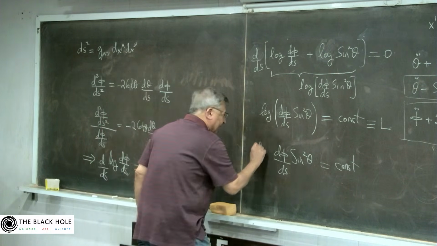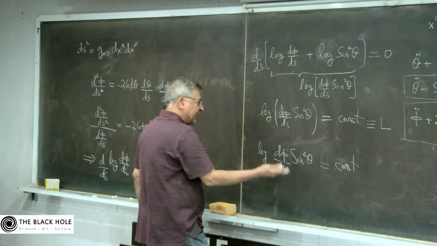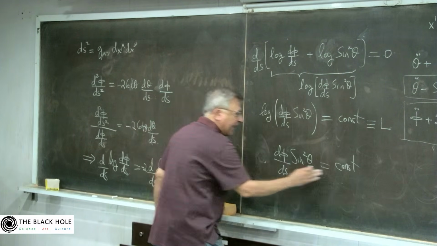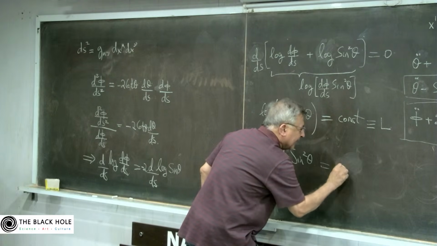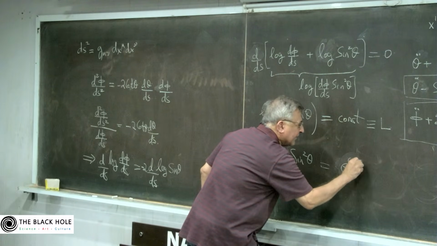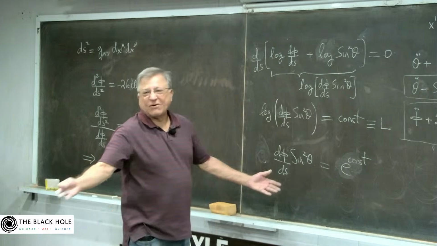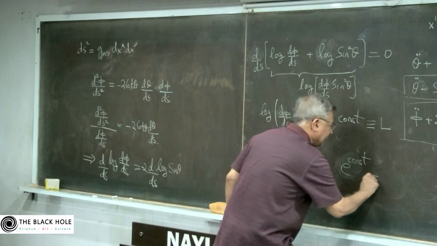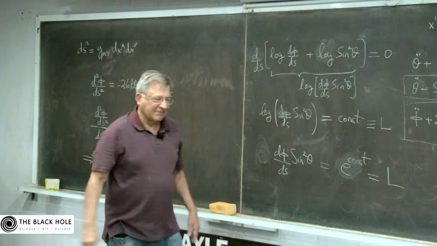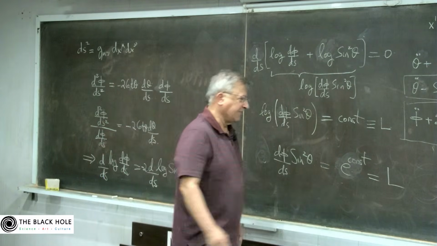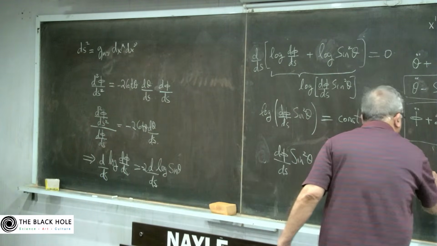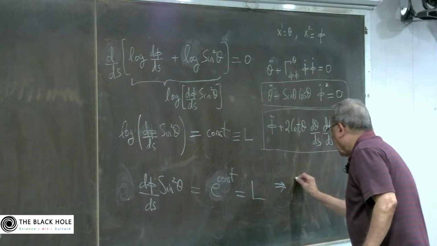That was log of this. So now that means this is e to the constant. And now e to the constant I will call L. And that gives me exactly what I had before. But that's fine.